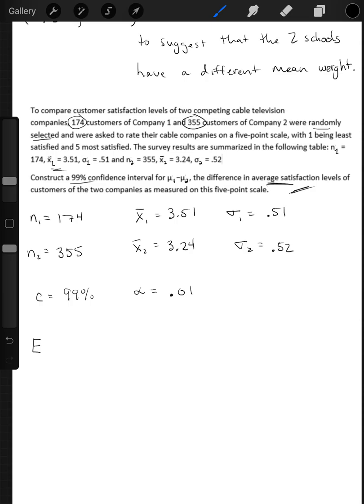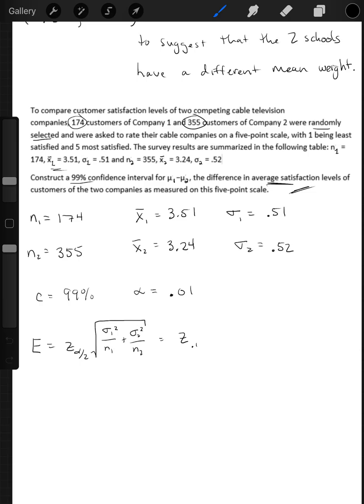So we need to figure out E. That's going to be Z alpha over 2 times the square root of sigma 1 squared over n1 plus sigma 2 squared over n2.